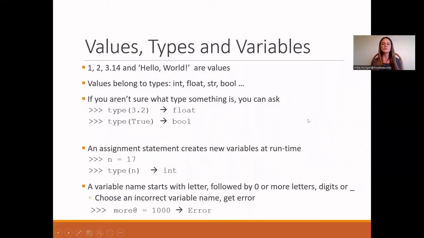Okay, so the first thing is talking about variables and values, data. What kind of data can you store and use in your program? So a lot of times you're going to have information that you want your program to use. You want it to be able to print out sentences and instructions.